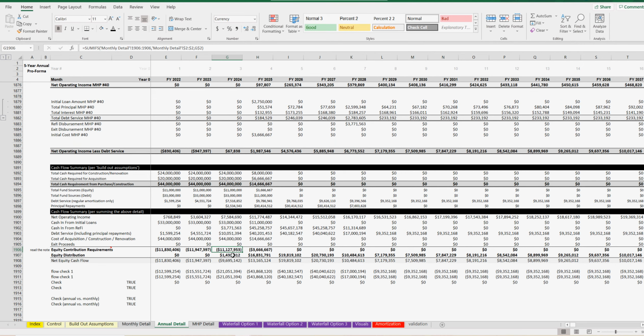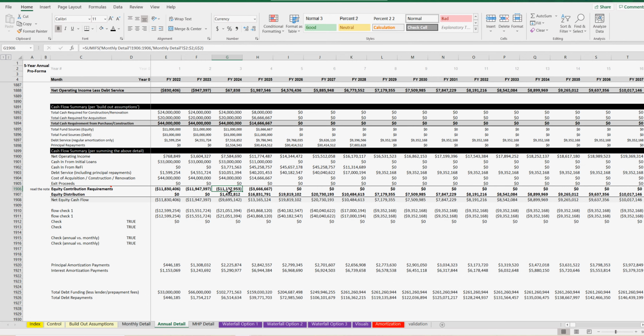So I've called out exactly the difference, so we know what had to be contributed versus what was given out, and then the total will always net together to be the same exact numbers that's on the monthly, but the contributions and distributions will be potentially different if you have a year where the net operating income less debt service was negative for some of it, and then it was positive for other months. Which is completely fine. Our aggregates all match up.